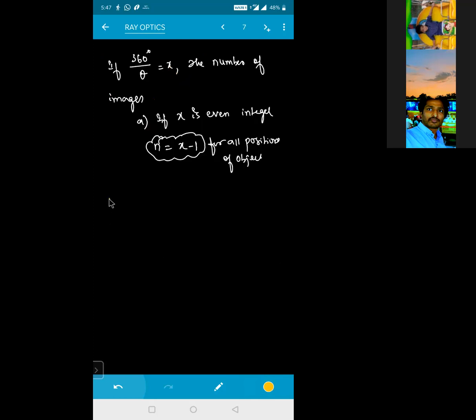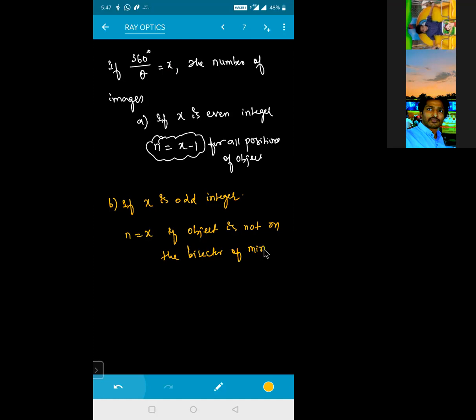One more point, number B. If x is an odd integer, then the number of images will be n equals x if the object is not on the bisector of mirrors.